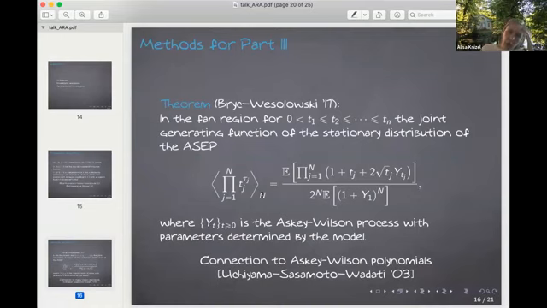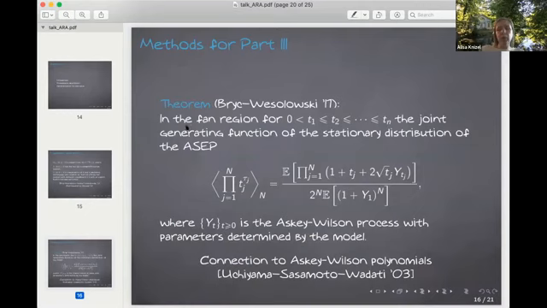They show that in the so-called fan region, in our notation exactly when U plus V is greater than 0, the following formula is valid. The joint generating function of the stationary distribution of the ASEP is given in terms of the ratios of two expectations according to the process Y_t, the so-called Askey-Wilson process, which was also introduced by Bryc and Wesołowski in their previous work.